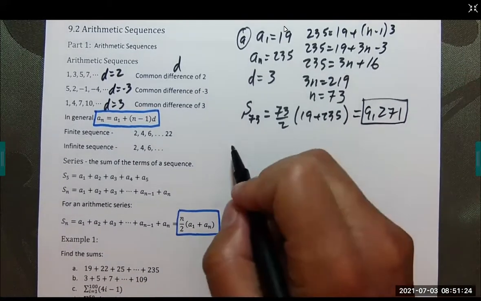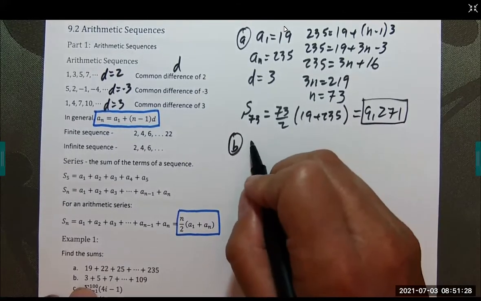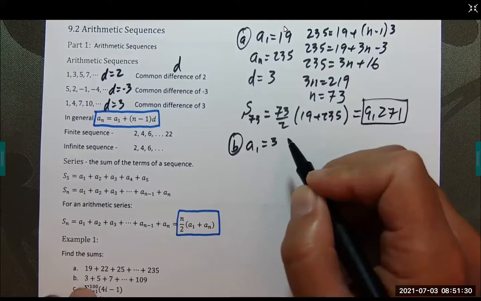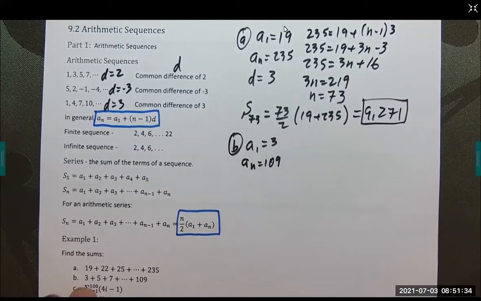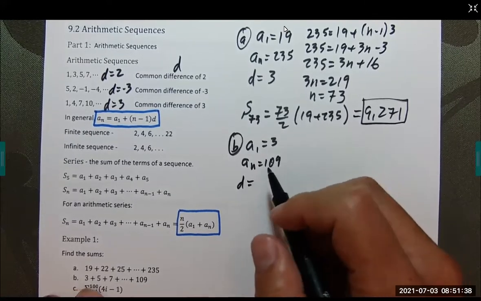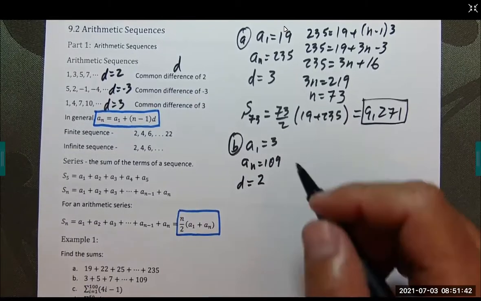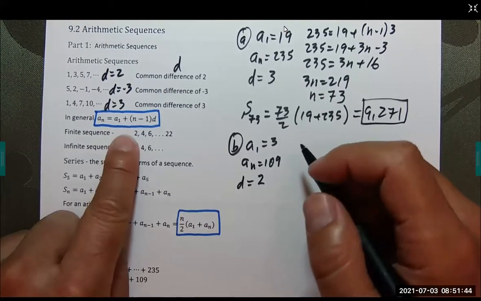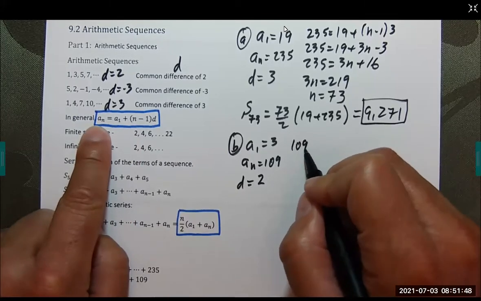All right, let's move on to part B. So 3 is going to be my first term. A sub 1 is 3. My last term is 109. So it looks like I have to dig out n again. D in this case is a difference of 2. So we're going to use our formula here to get n. So a sub n is 109.